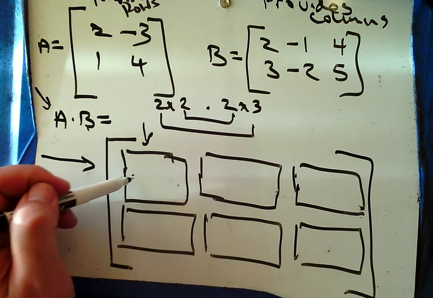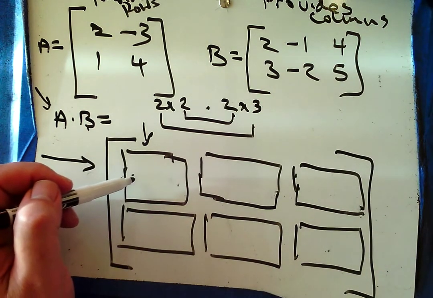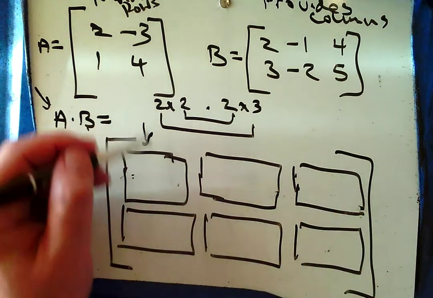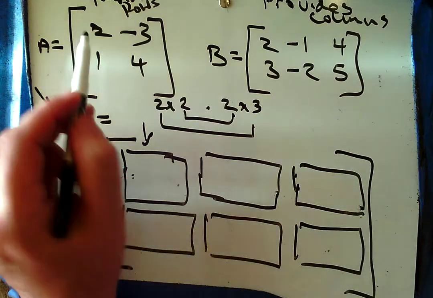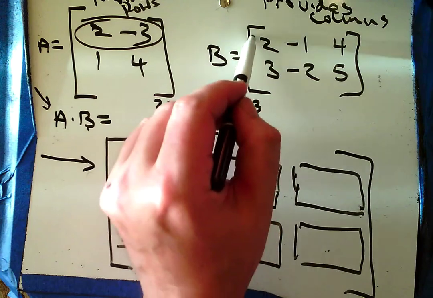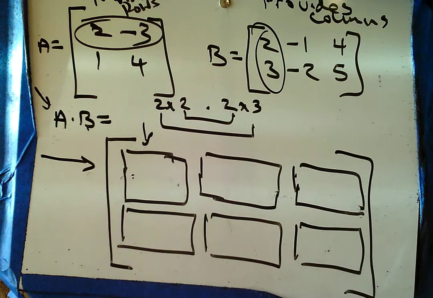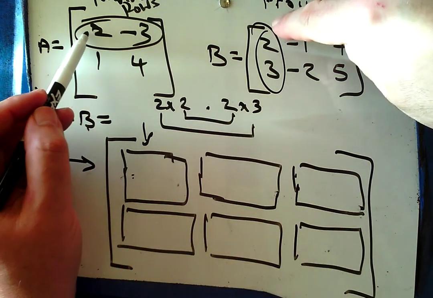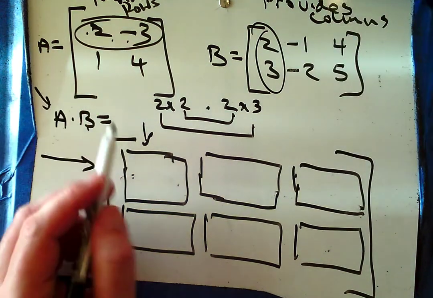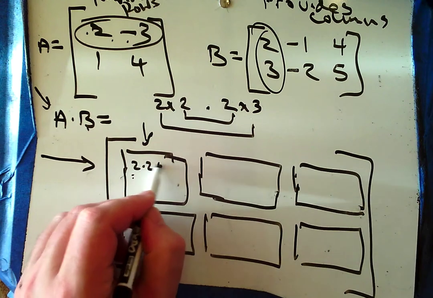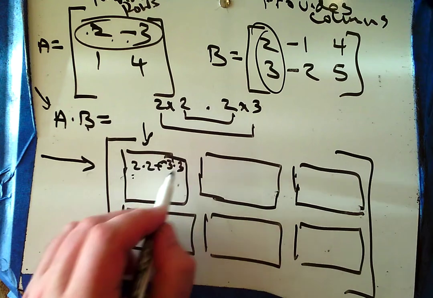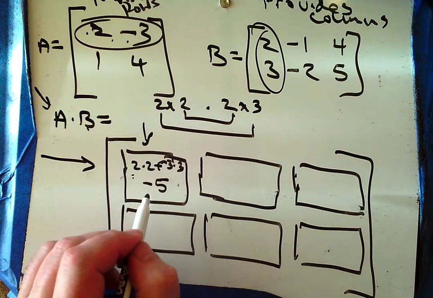So when I want to fill in this cell, I have to use things from the top row and the first column. So I multiply 2 times 2, and then I add that to negative 3 times 3. 2 times 2 plus negative 3 times 3. And I get 4 minus 9, which is negative 5.